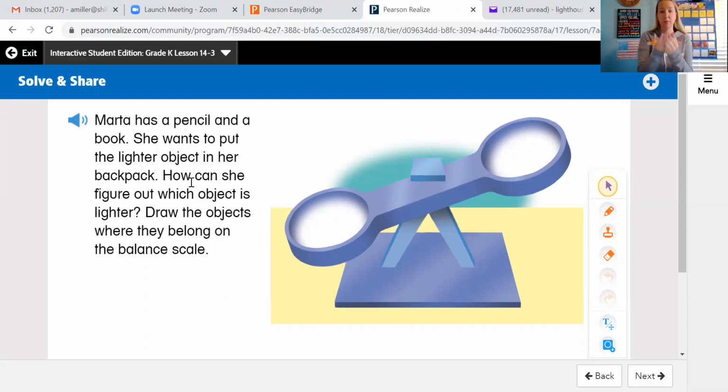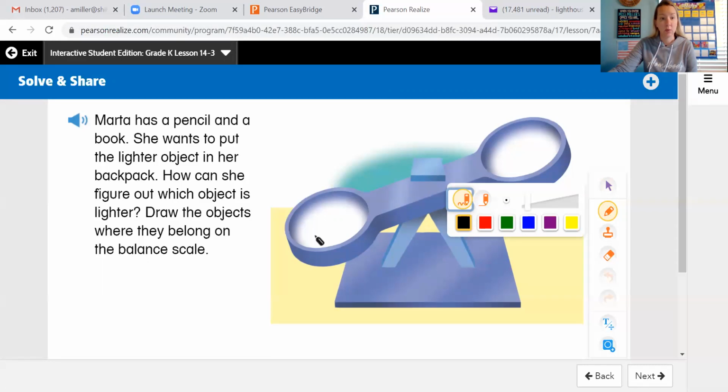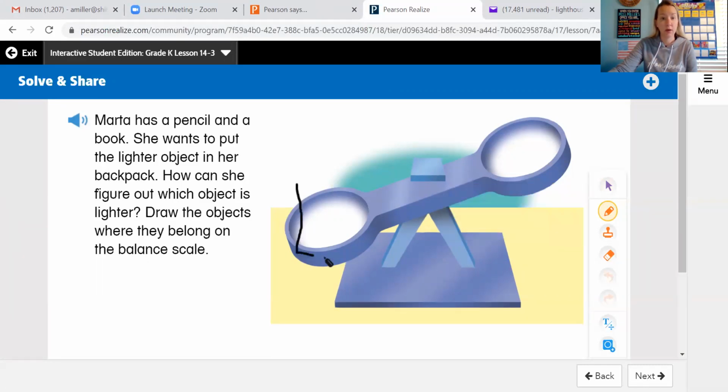So I'm going to get a pencil. I have a pencil right here. Pencil's pretty light. It's not very heavy. And I have a book. A book's not very heavy either, but I think a book is going to be heavier than a pencil. All right, so if you agree, get out your pencil and we're going to draw the book on the heavy side.